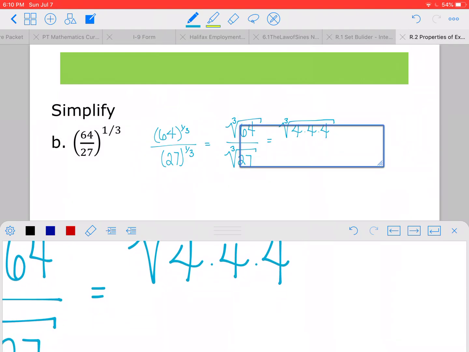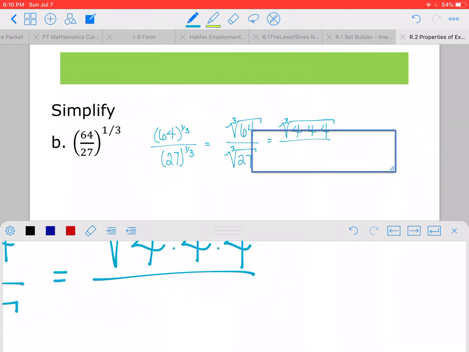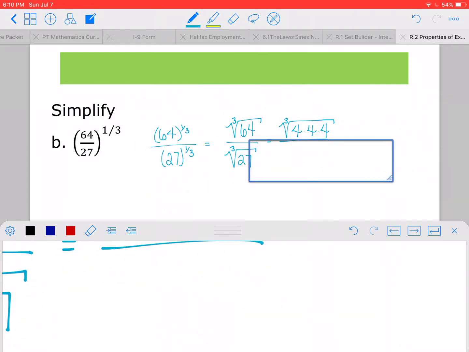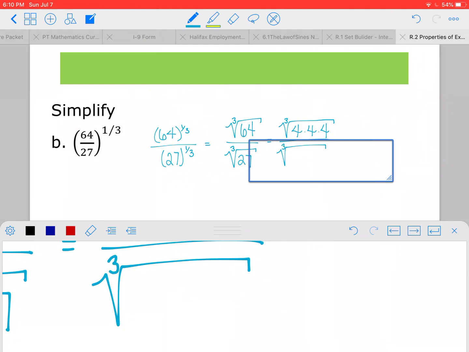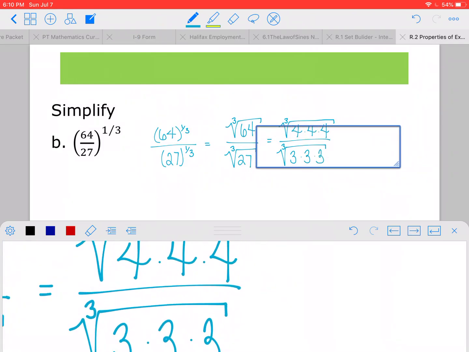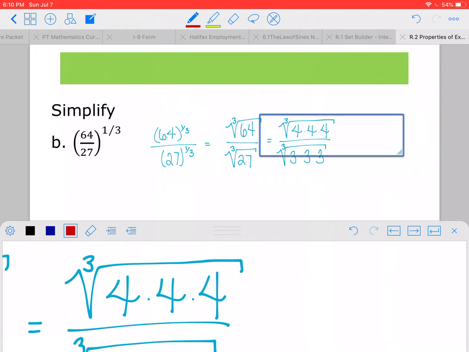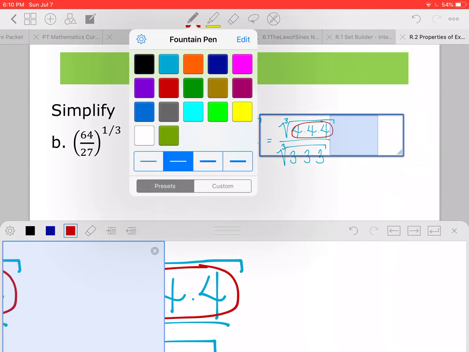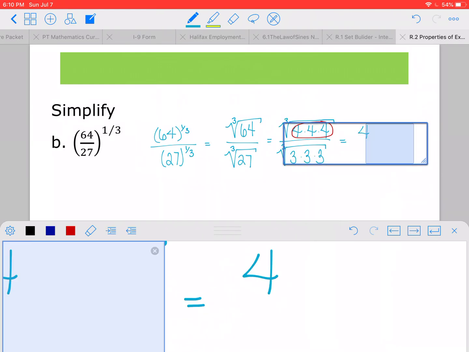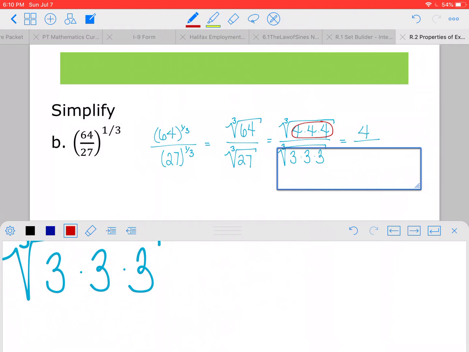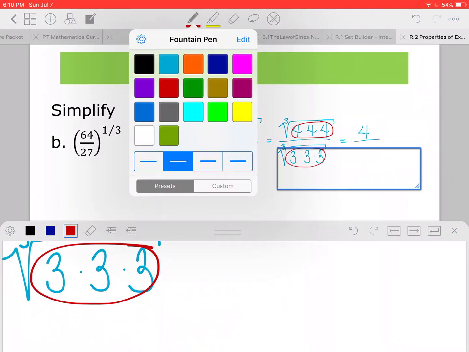And then on the bottom, 27 is the same thing as 3 times 3 times 3. So notice on the top we've got our group of 3 4's. And so that comes out as a 4. And on the bottom we have our group of 3 3's. And that comes out as a 3.